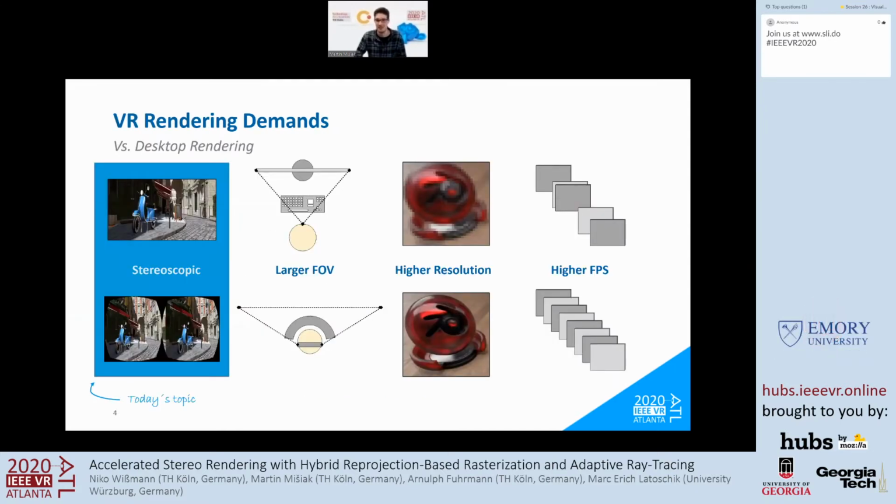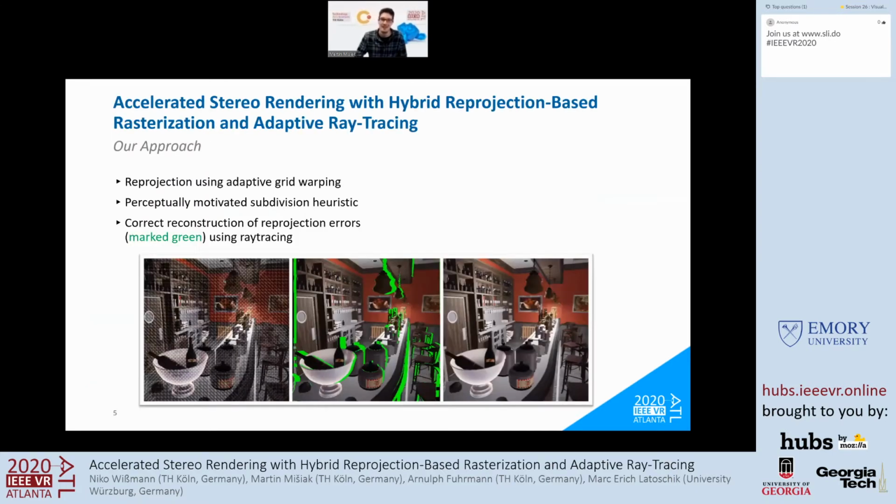Our presented approach also aims at accelerating stereoscopic rendering. We share some core similarities to the work of Didyk and Schollmeyer, as we also employ an adaptive grid warping approach. However, we differ in a few aspects, the most notable being the handling of reprojection errors caused by disocclusions.